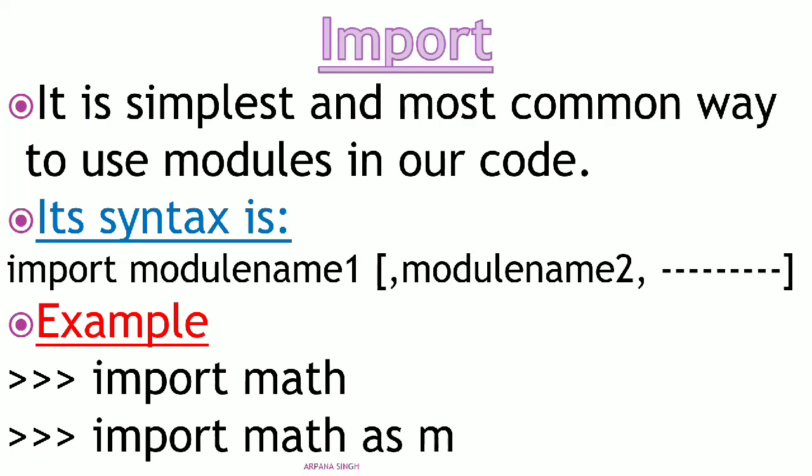Alias name is an alternative name, and we generally create it if the module name is too lengthy and it is difficult to type the same name again and again if we are using multiple functions of the module. So alias names are the shorter names that can be used repeatedly. In this particular case, you can use math also, or you can use M also if you want to use the functions of the math module.